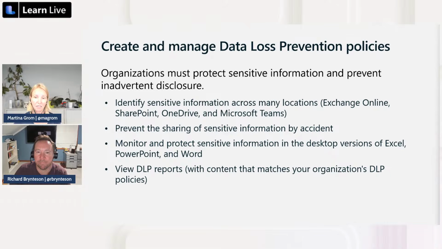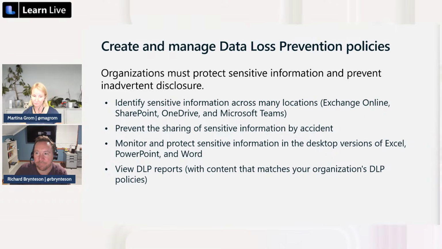And this means a data loss prevention policy, a DLP policy, can help you to identify that kind of sensitive information across your Microsoft 365 universe. That means you can discover sensitive information in mailboxes, on SharePoint, in OneDrives, and also within Microsoft Teams.